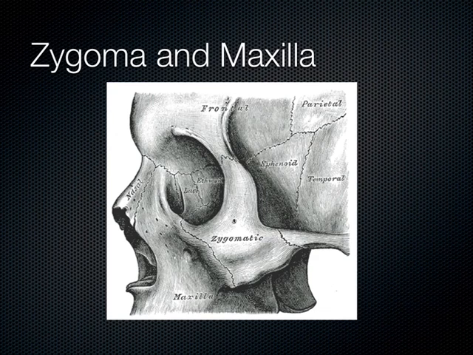And so the zygoma articulates with the temporal bone here laterally, and then it articulates with the frontal bone here superiorly, and then with the maxilla going medially. And so a zygoma fracture will usually have two fracture lines, as in the case of any ringed structure.